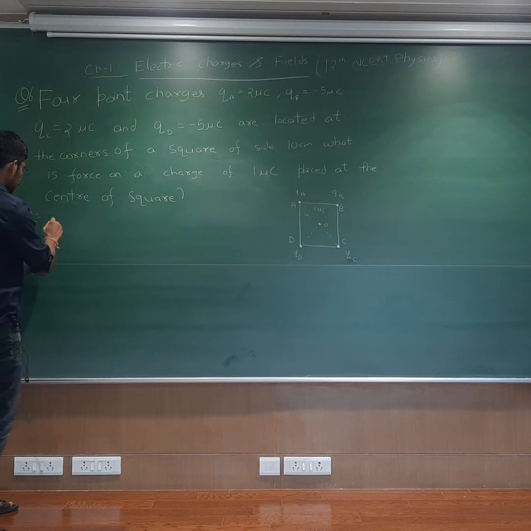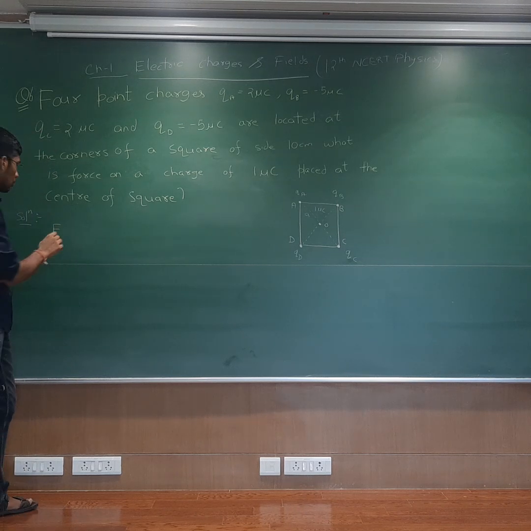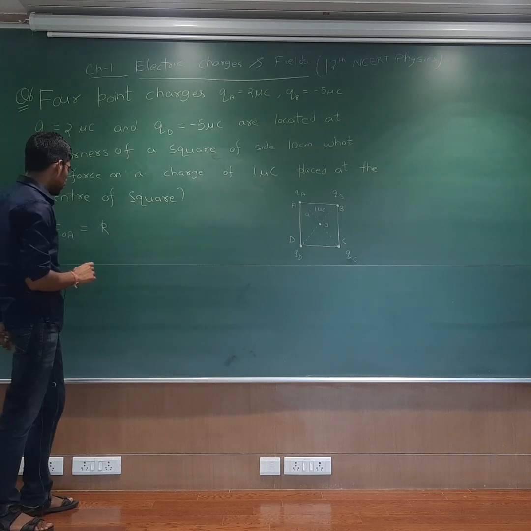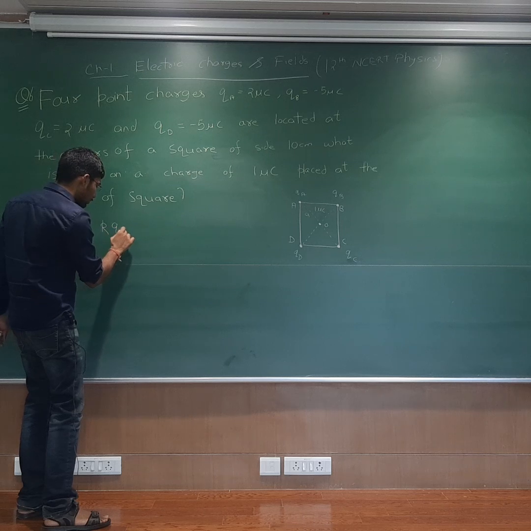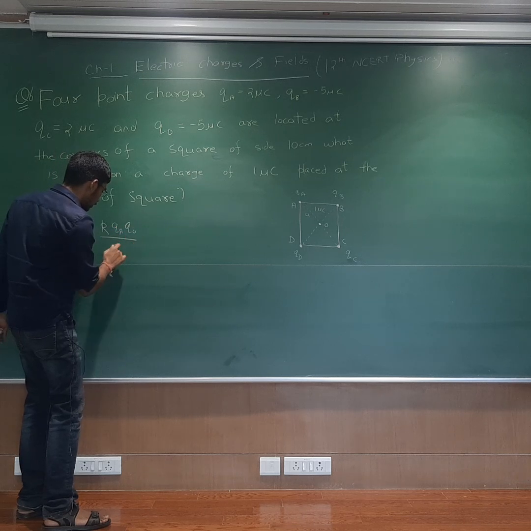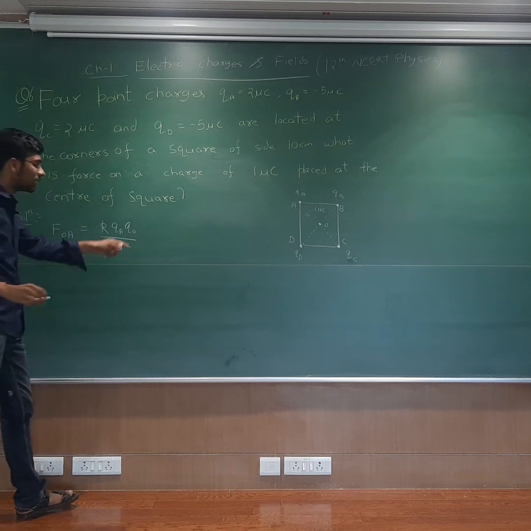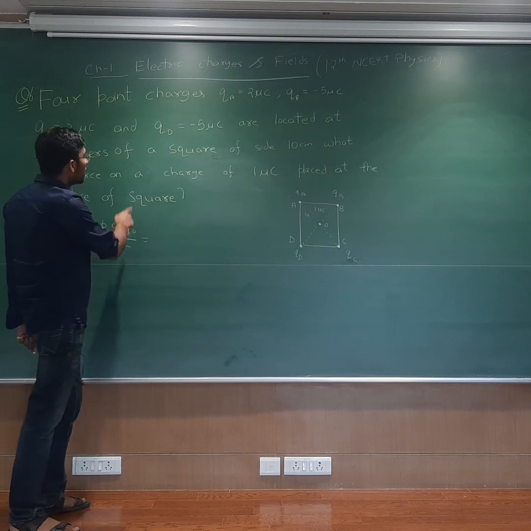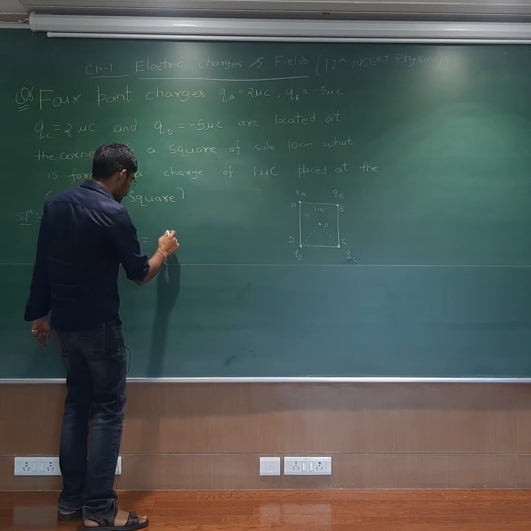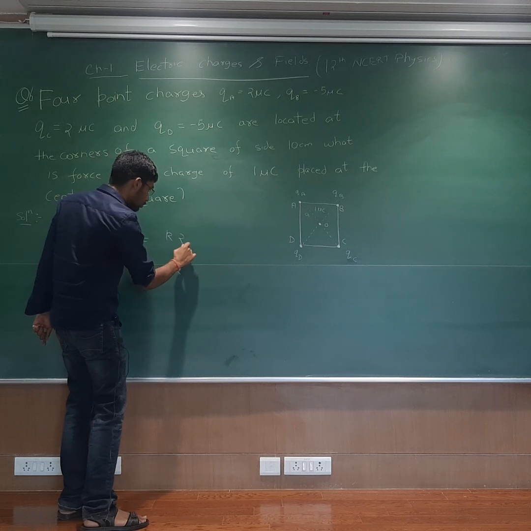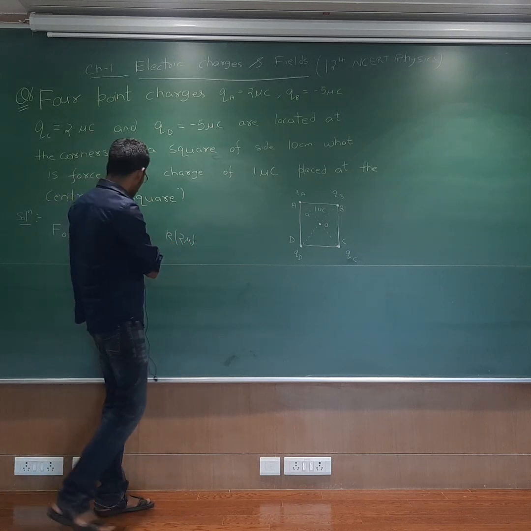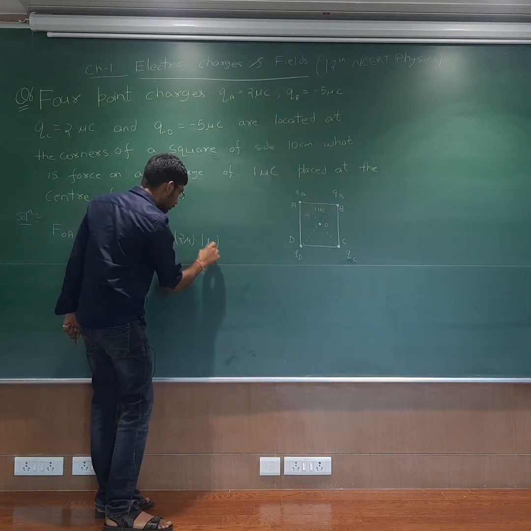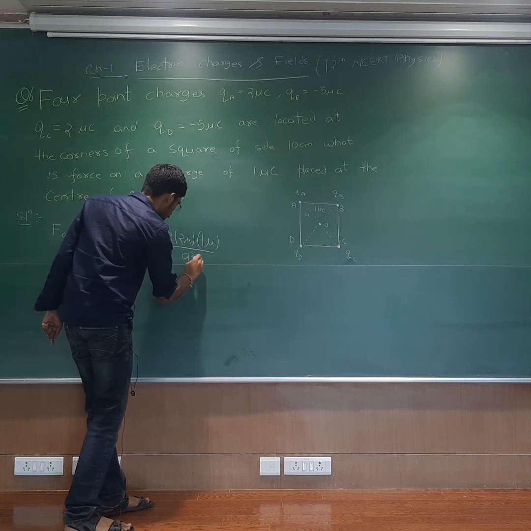So the force on charge O due to A is given by Coulomb's law. It's K QA QO divided by the distance squared, and the distance is actually A. My QA is 2 microcoulomb, so K times 2 micro, and Q naught, the charge at the center, is 1 micro, divided by A square.